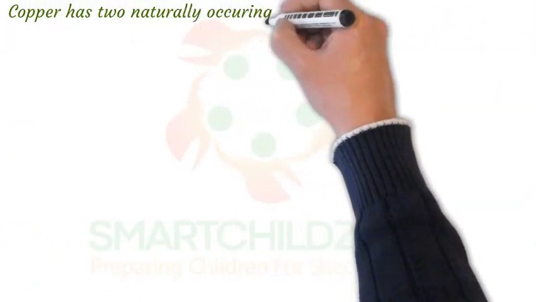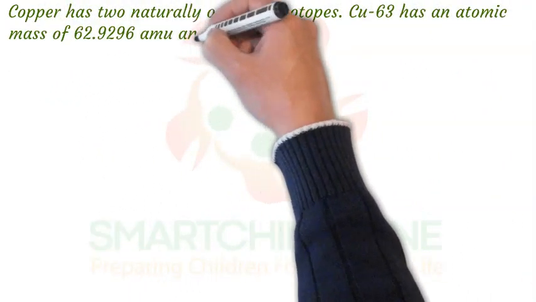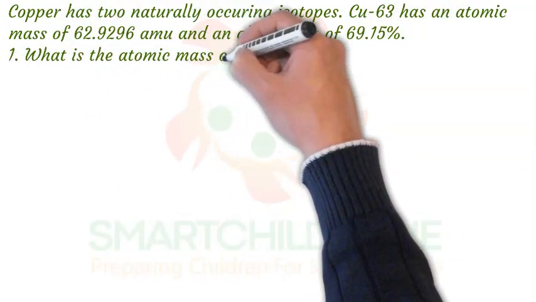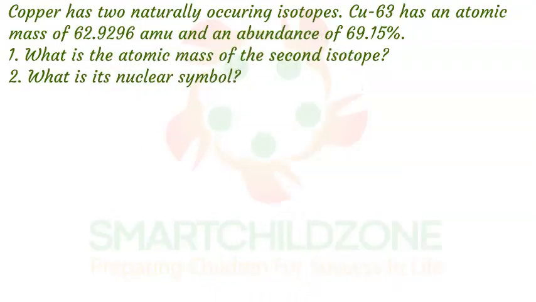Copper has two naturally occurring isotopes. Cu-63 has an atomic mass of 62.9296 AMU and an abundance of 69.15%. 1. What is the atomic mass of the second isotope? 2. What is its nuclear symbol?